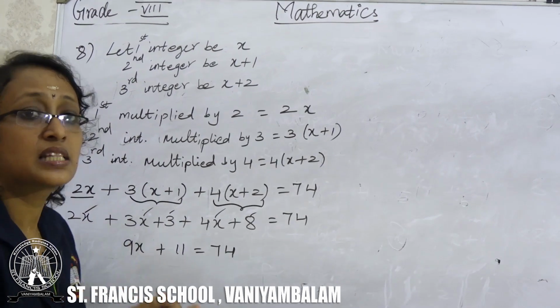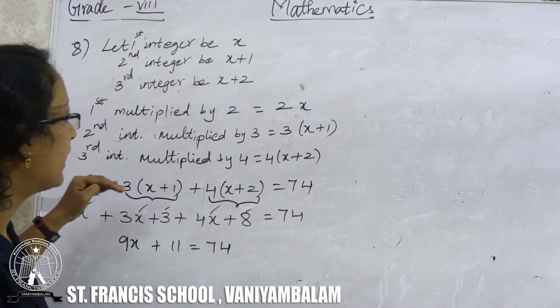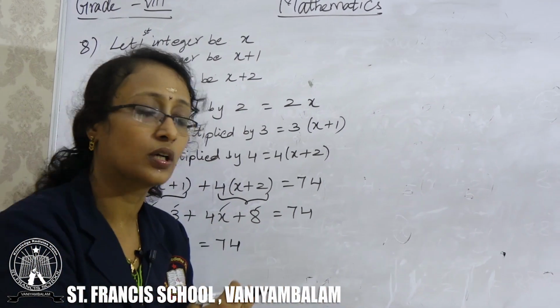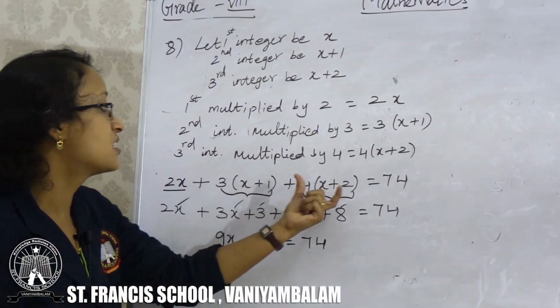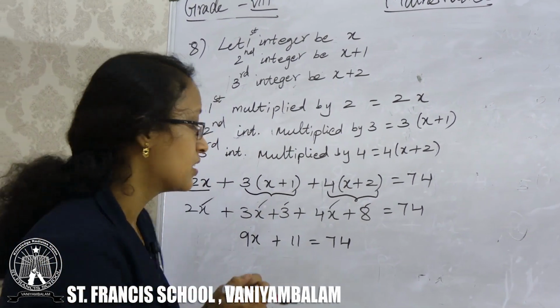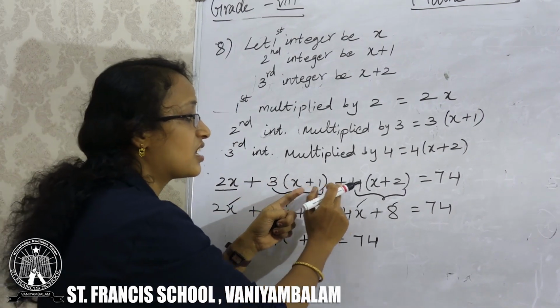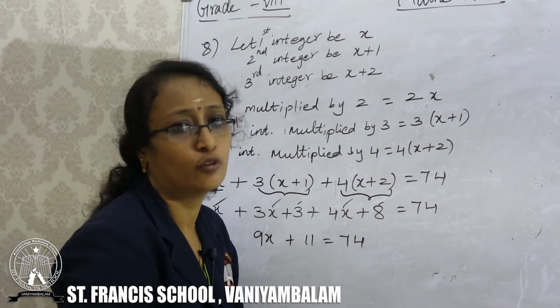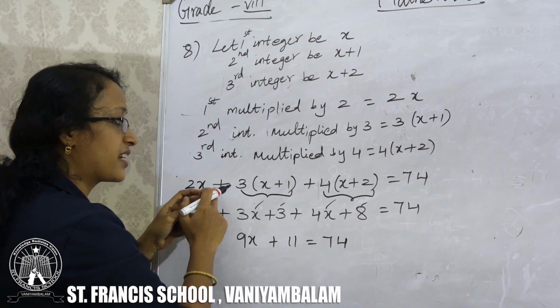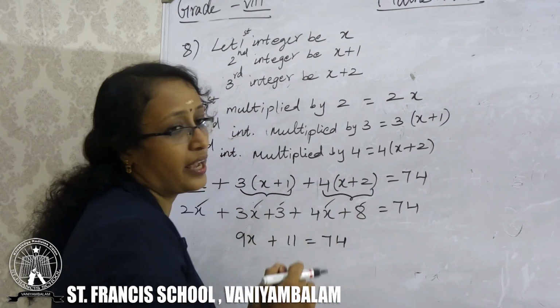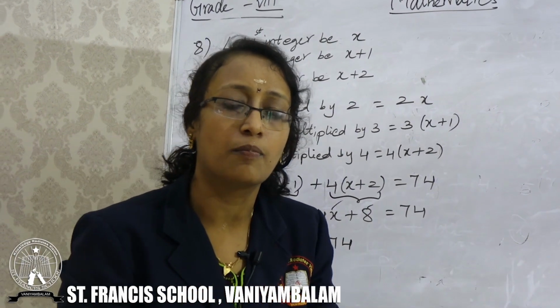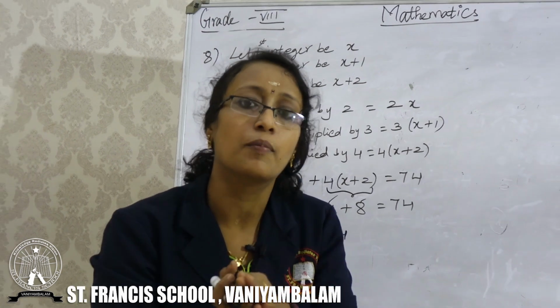In the previous problem, 8 was common, so you took 8 out. But here there is nothing common in these 3 terms. Here it is 2, next is 3 and the third one is 4. And the variable is x, here x plus 1 and x plus 2. So nothing is common. You can't take anything common out.